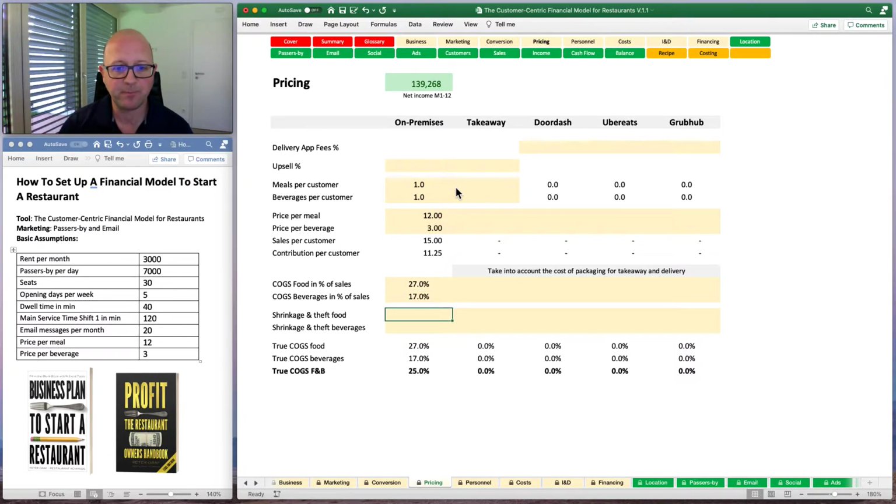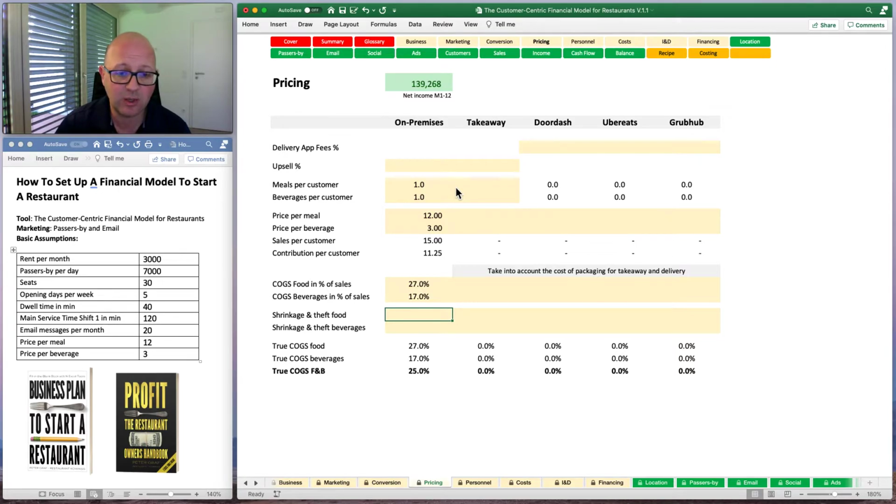Then there is a topic that's shrinkage and theft. That's a point very few restaurateurs seriously think about, and also seldom put into their budget. But it's a point that's realistic and that's on point.